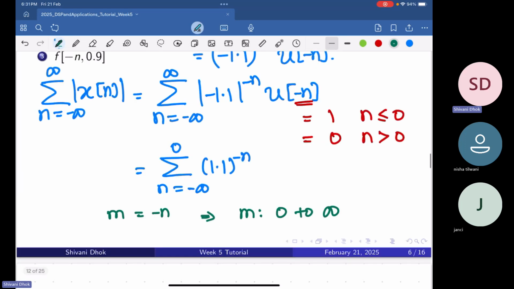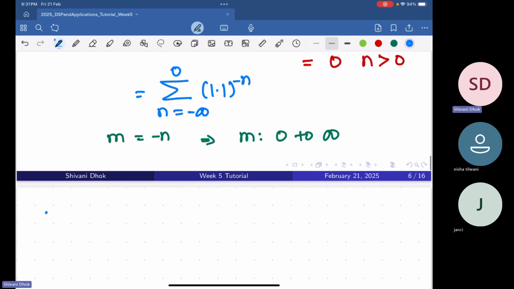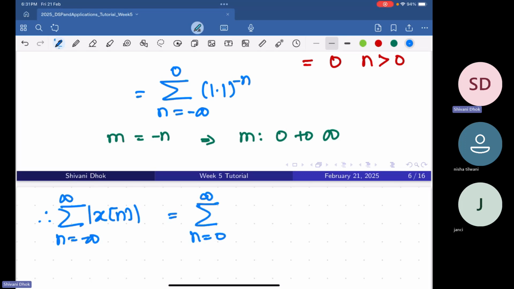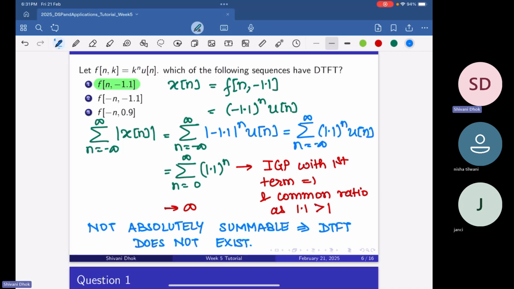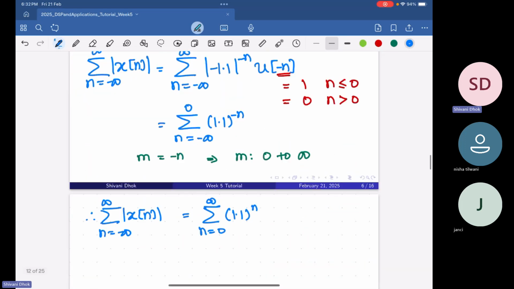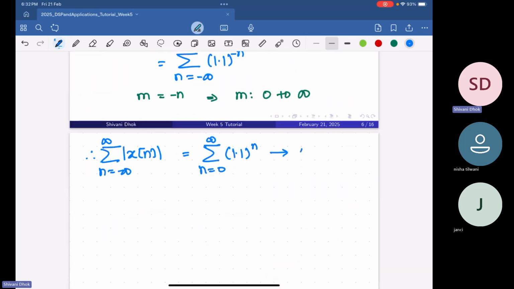Therefore the summation becomes m running from 0 to infinity of 1.1 to the power m. This is the exact same summation that we had in our previous question, which means that this also goes to infinity.